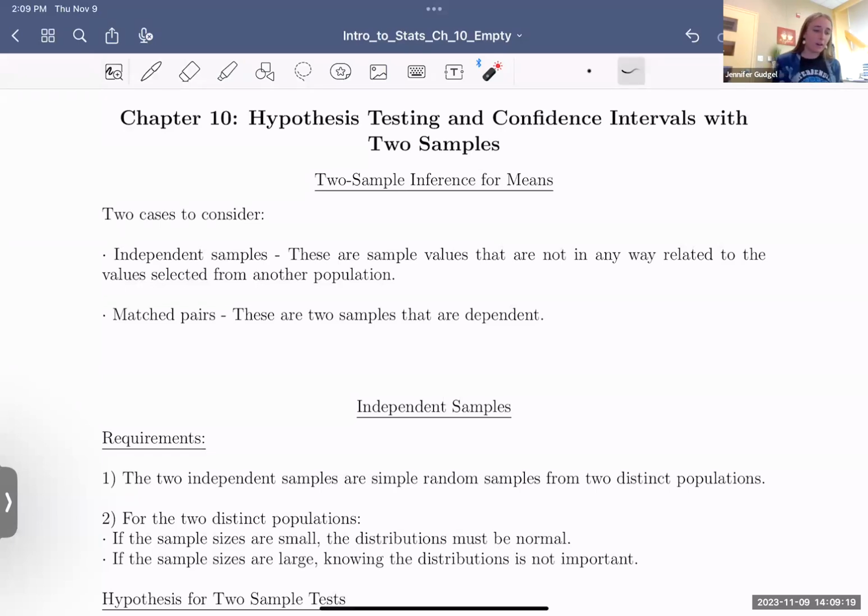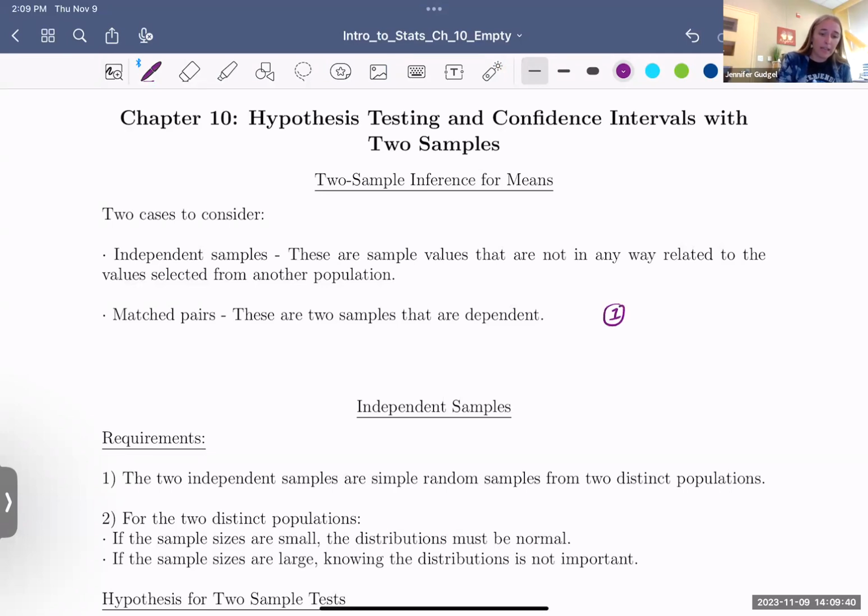Whereas matched pairs, the other kind of means we're going to talk about, is when you have two pieces that are tied together in some way. An example that comes up later is someone's eyesight in each of their eyes, their left and their right eye. We would have a list of data for each person.